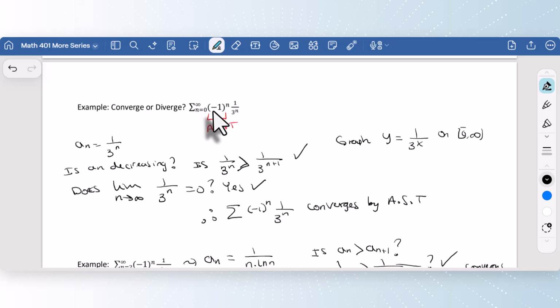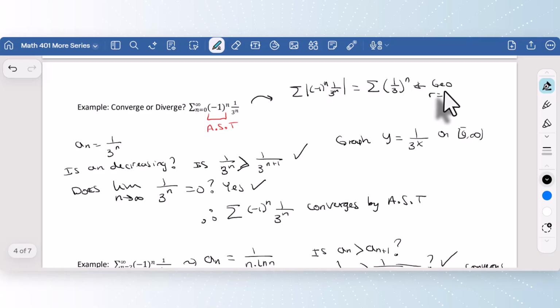When we look at the series with the absolute value, to check for absolute convergence, this is just the series 1 over 3 to the n. The absolute value gets rid of the negative essentially, and this is a geometric series with r equal to 1/3, which is less than 1, so it converges.